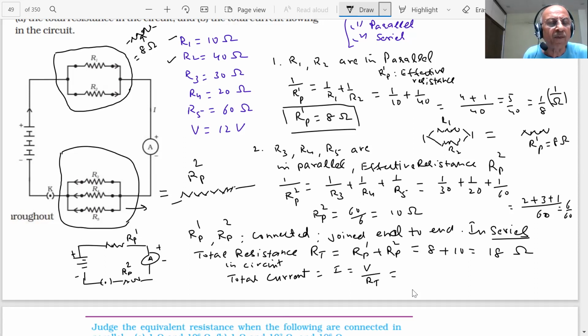What is the value of V? 12 volt divided by 18. What is the value of the current coming then? How much is the current, students? Twelve by 18 is how much? So 12 by 18 is 0.67 amperes.